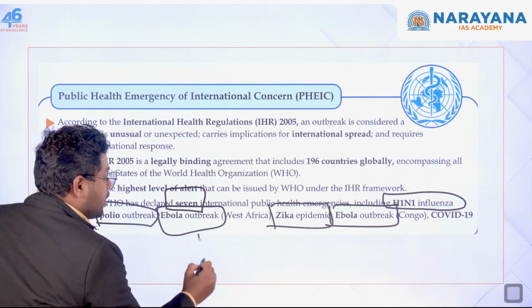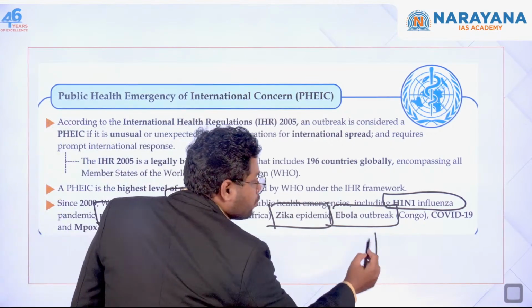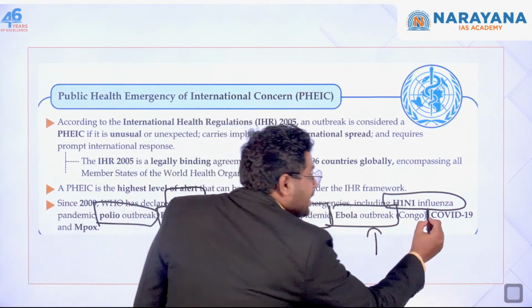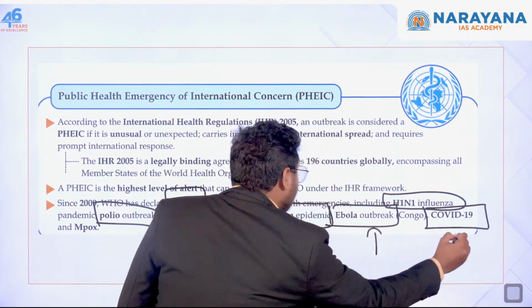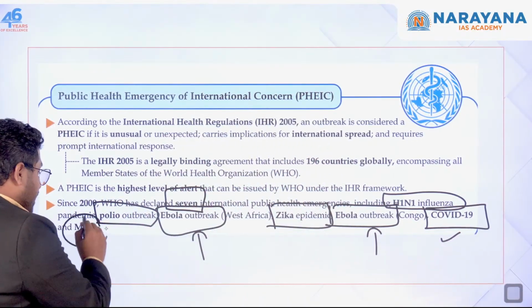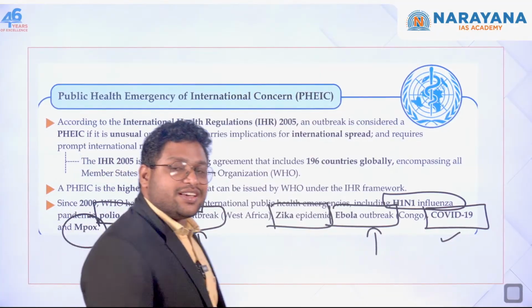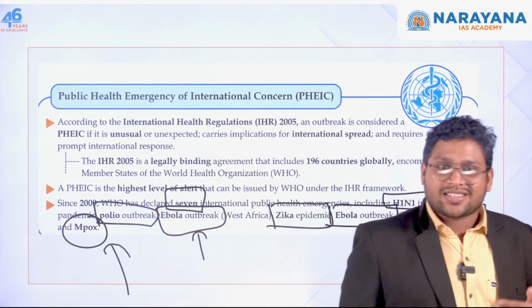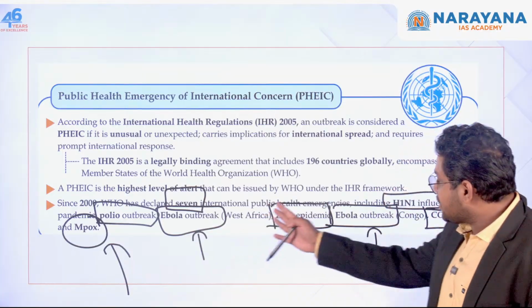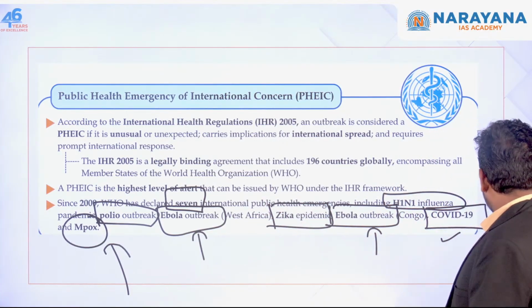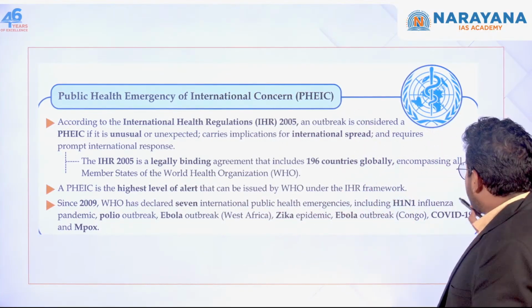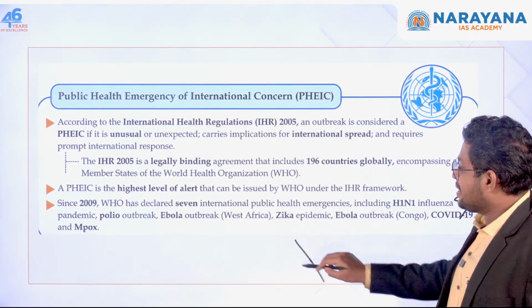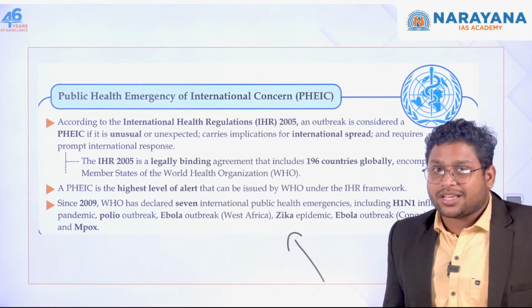Why again? Because once it was in Western Africa, and once in Congo. Then COVID-19. And the latest one added is monkeypox, that is mpox. Try to remember this list; this fact is important.